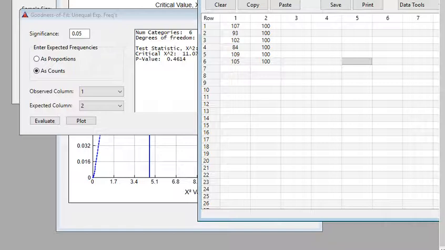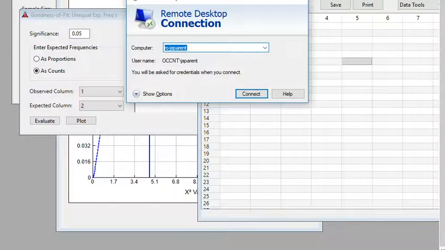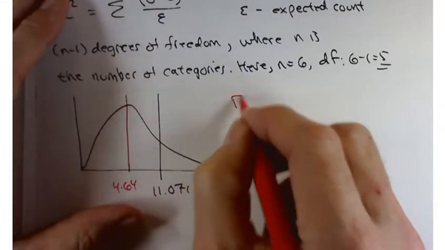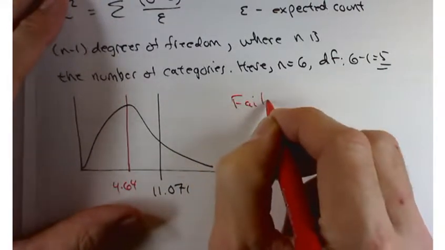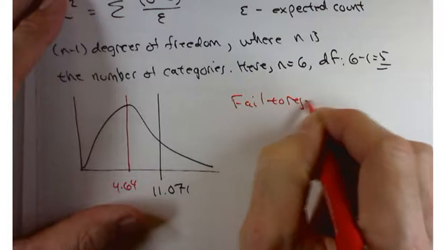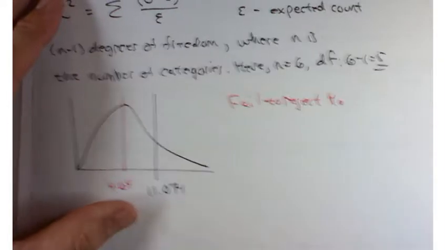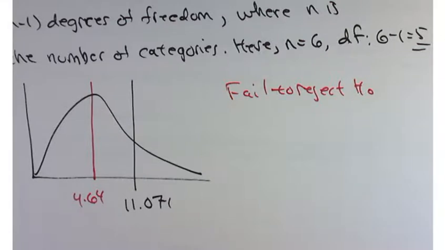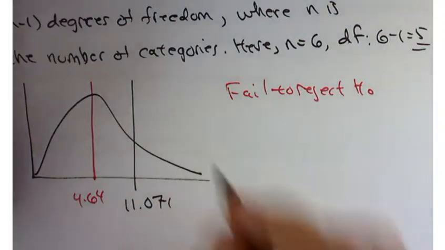So let's go back here and write a conclusion for this. So we failed to reject. You should always put in the null hypothesis there, to make it clear that that's what we're failing to reject. Fail to reject H naught.